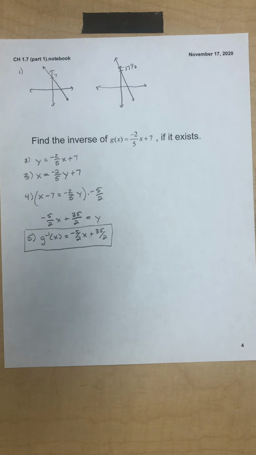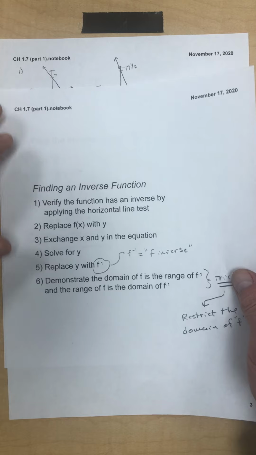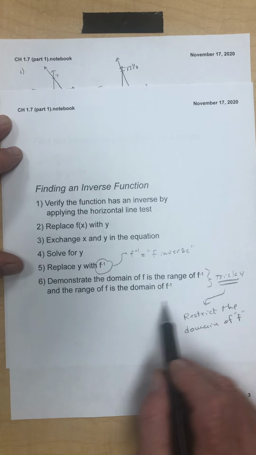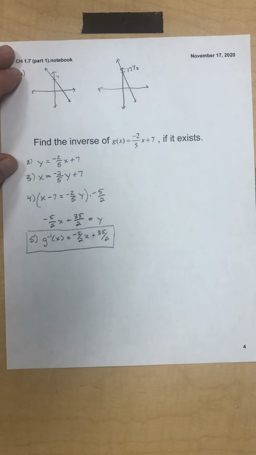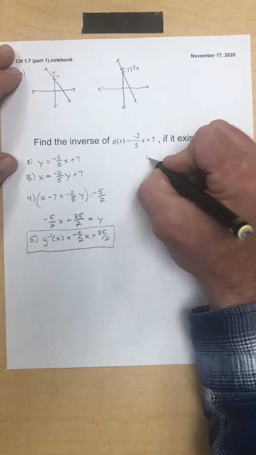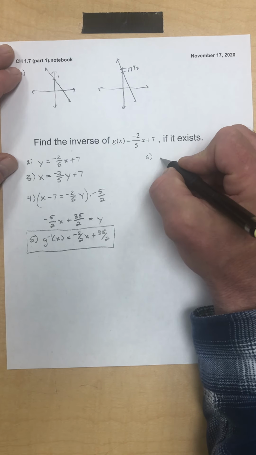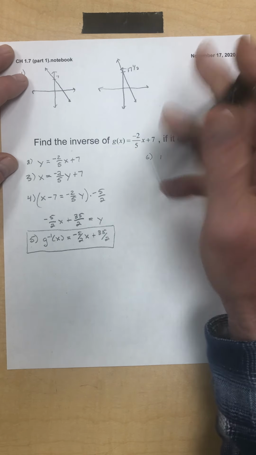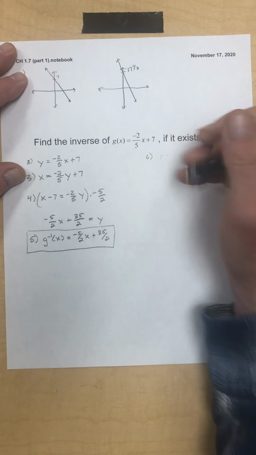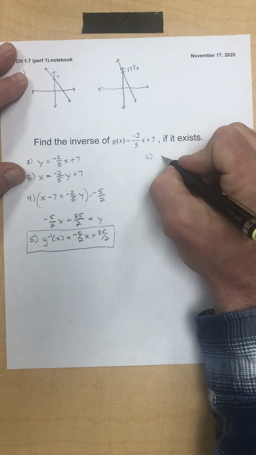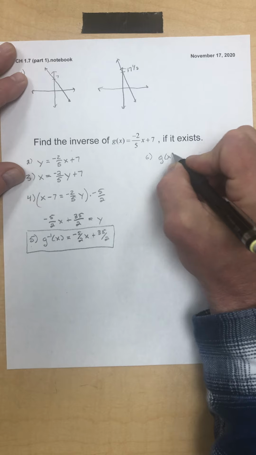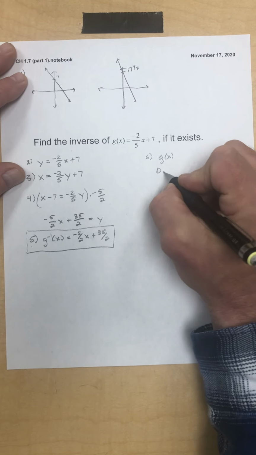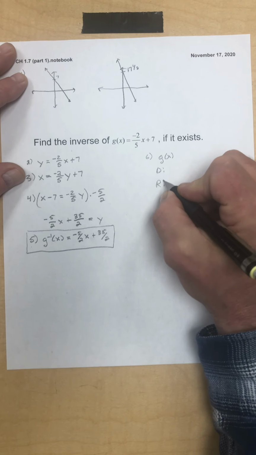And so the last thing we do is see whether or not we can demonstrate this. So the original function, which is g of x, not f of x, g of x. Can I take a look at what's the domain and what's the range?